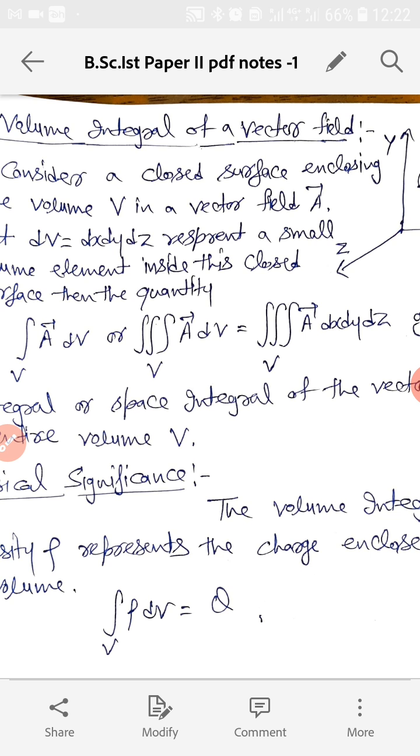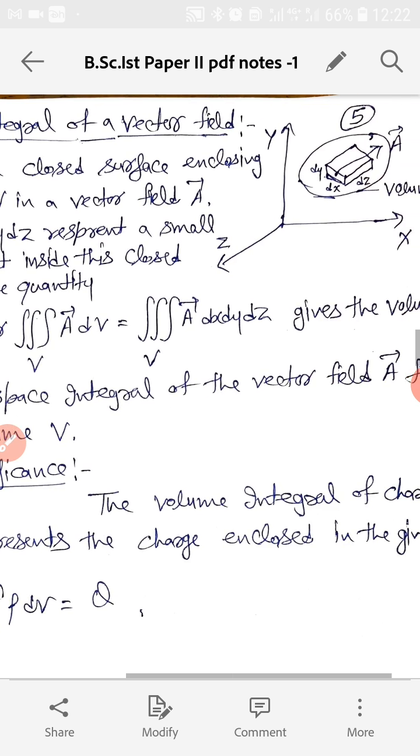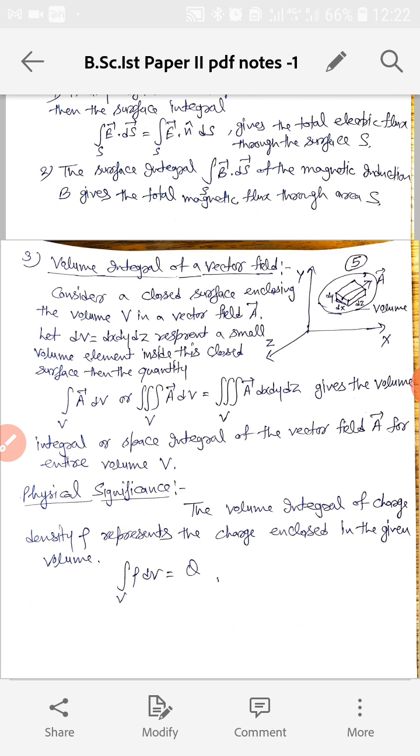If it is S, it means a surface integral. If it is V, it means a volume integral. So this volume integral will give us the space integral of the vector field A for the entire volume V.